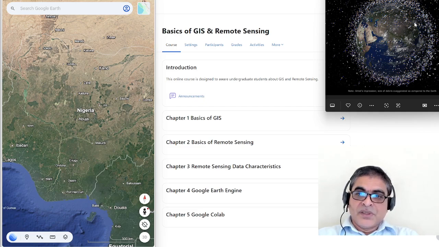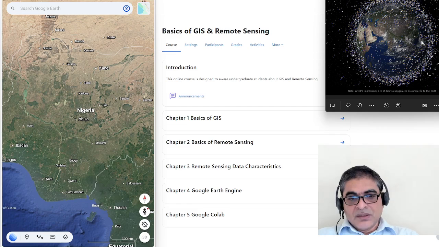In all fields, this information or sensor information is being used. So this is a very important course, and the course design is the chapters: basics of GIS, remote sensing, and then data characteristics.